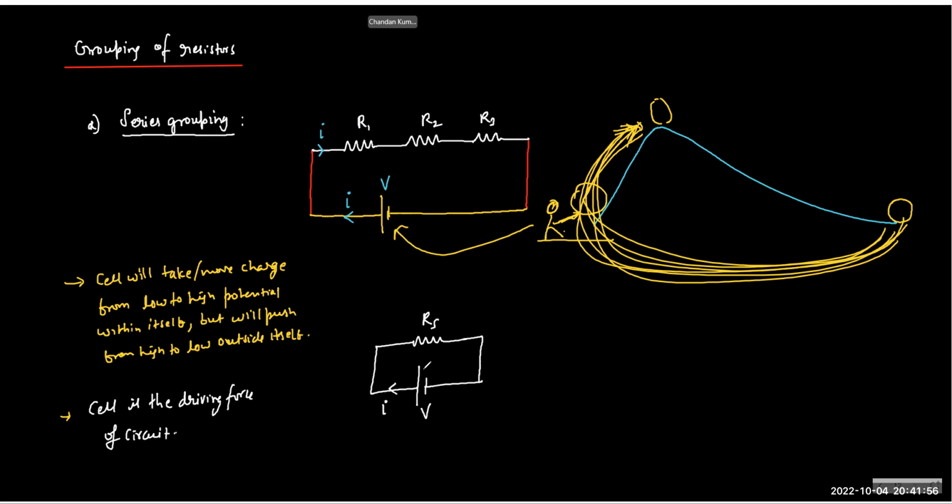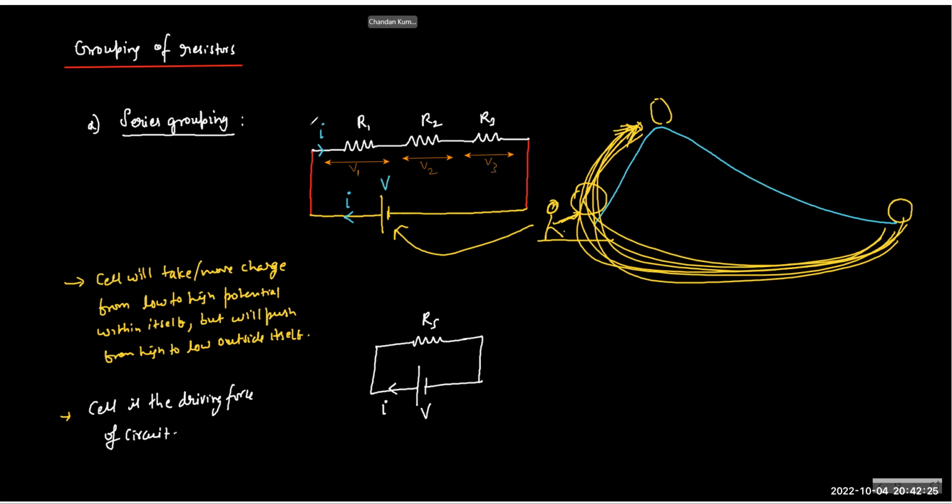So I is going to be the same, and then from Ohm's law we know that potential will drop across the first resistor by some value. So the potential drop or rise, you can add as V1, V2, V3.